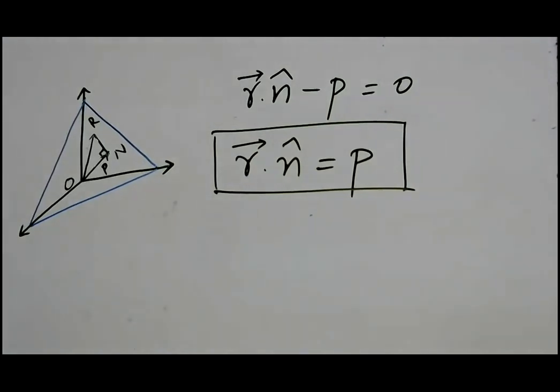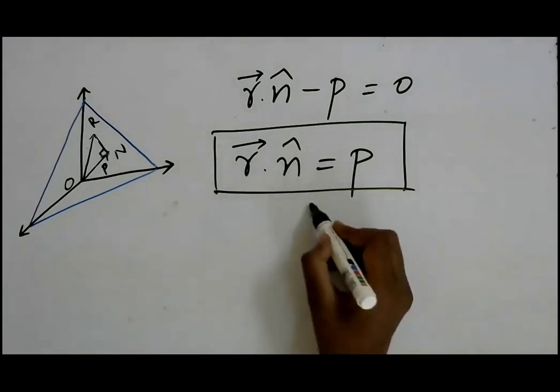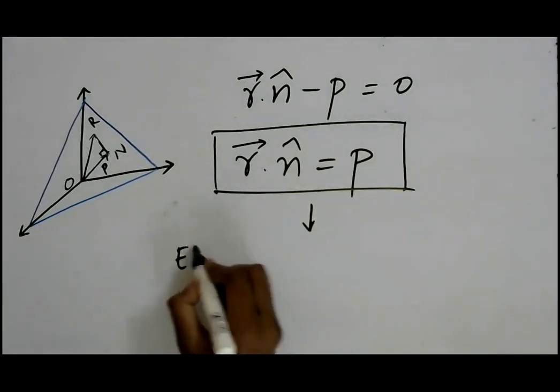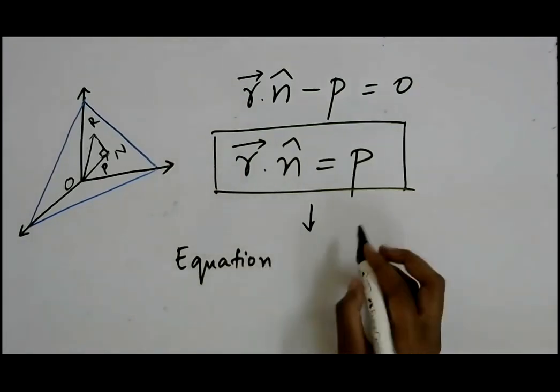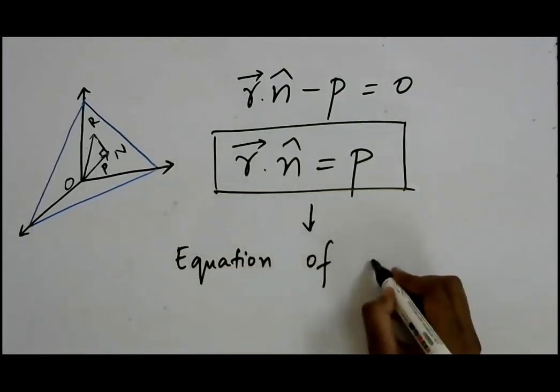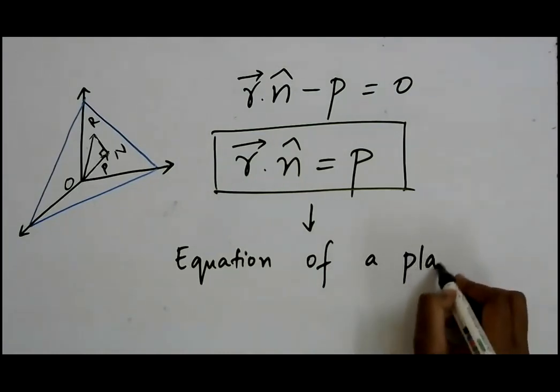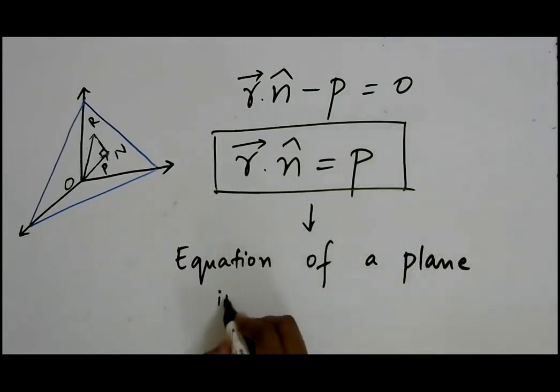So we have generated the equation of a plane using the perpendicular distance from the origin to the plane and the normal vector. So this is called the equation of a plane in normal form.